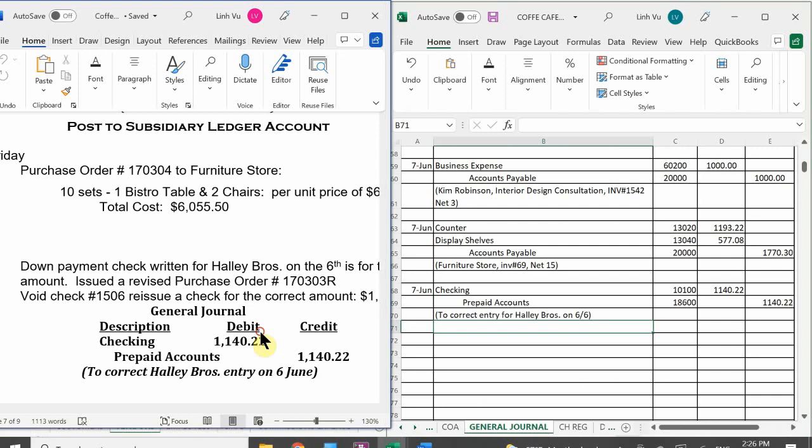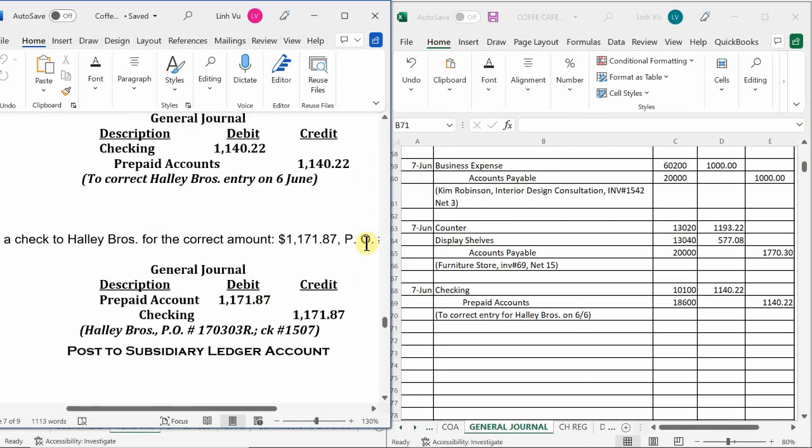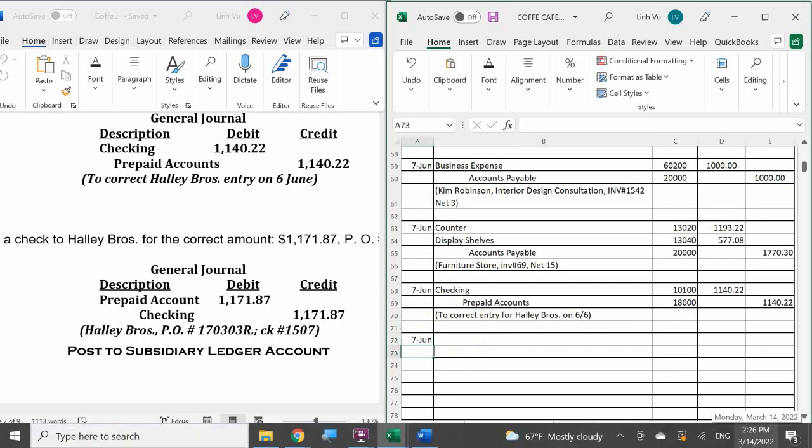So now, next portion is I need to go ahead and adjust this and cut a new check and record the correct entry this time. So I'm going to go ahead and enter that in, because now I need to repurchase or put that down payment back, but this time it is for the correct amount, and I'm going to be issuing a brand new check.